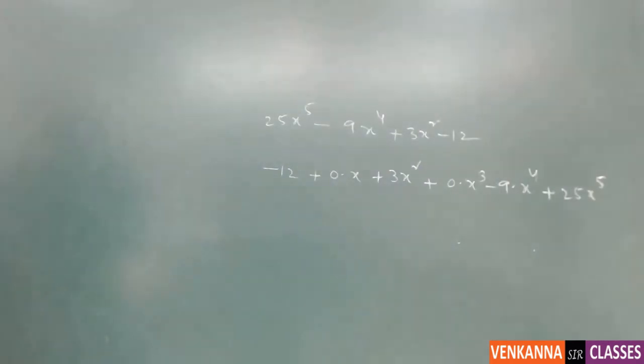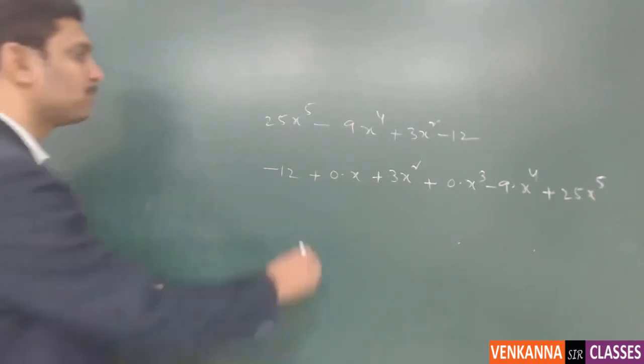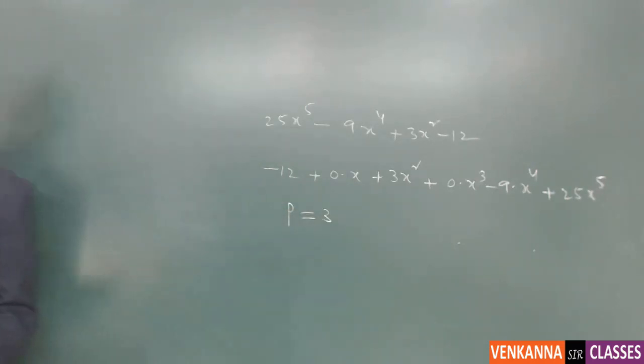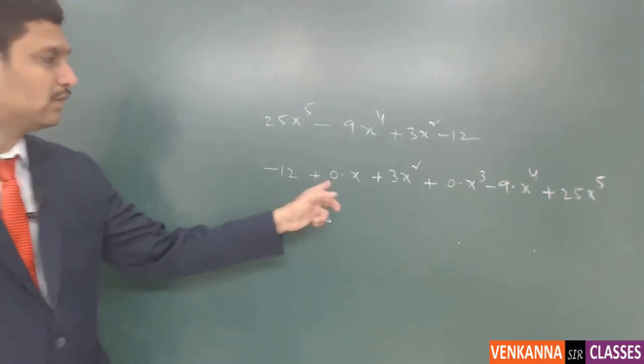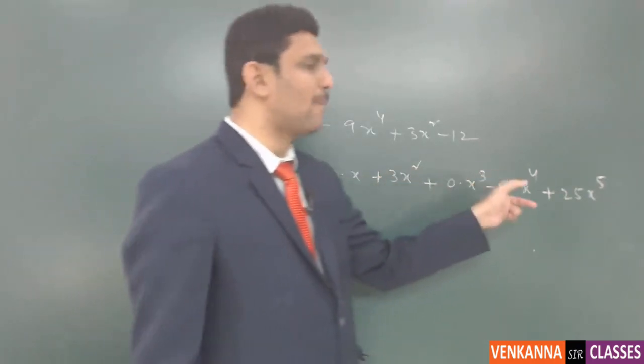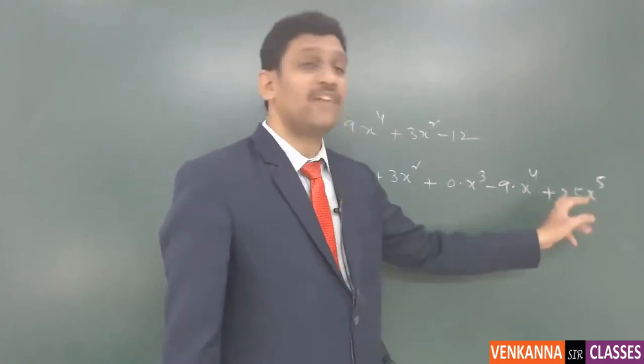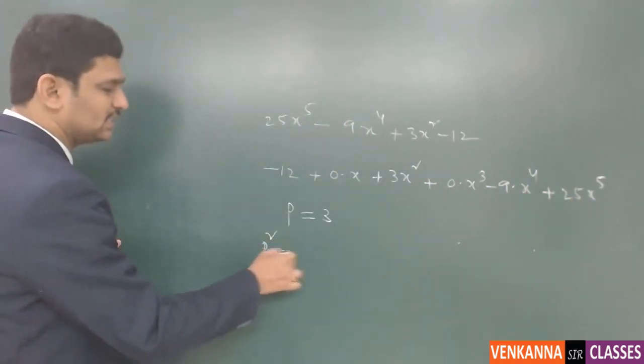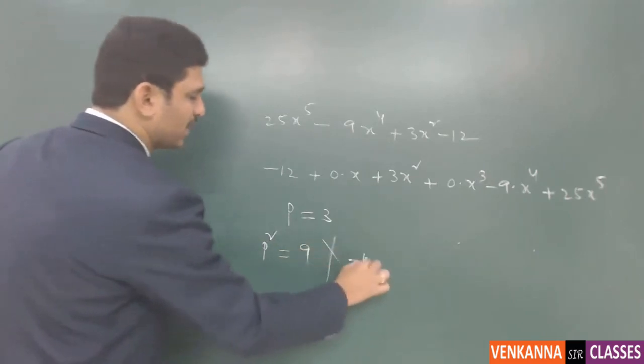Now if the question comes whether it is reducible or irreducible, here we say that you take the prime number p equal to 3. So 3 divides minus 12, 0, 3, 0, minus 9, and 3 is not dividing 25. And if you consider p square, this is equal to 9, which does not divide minus 12.